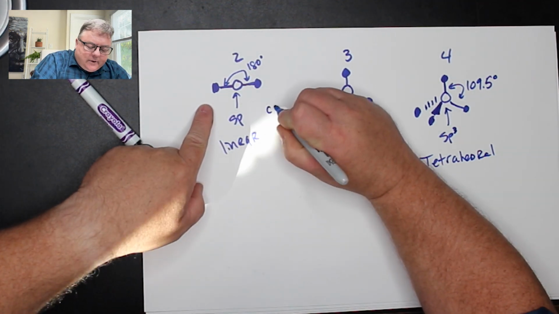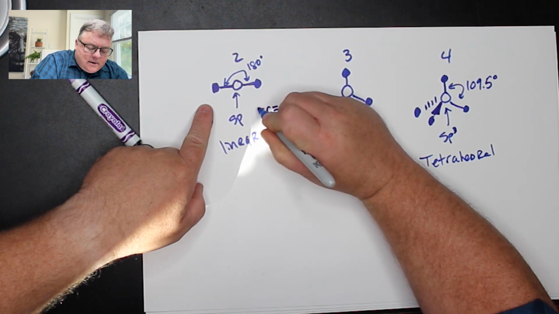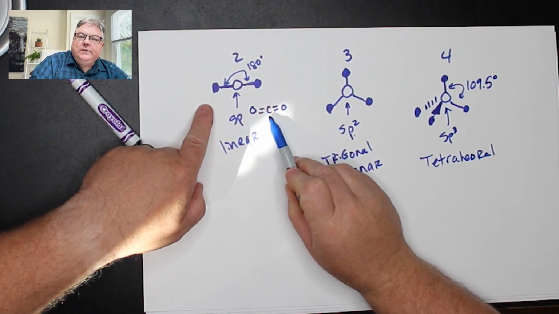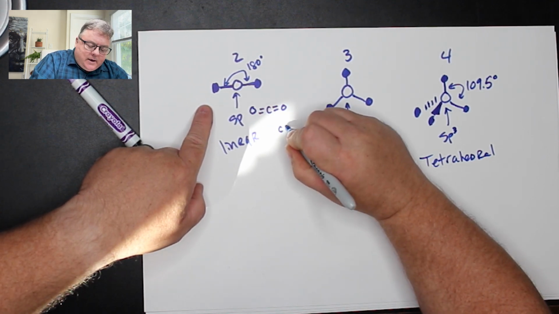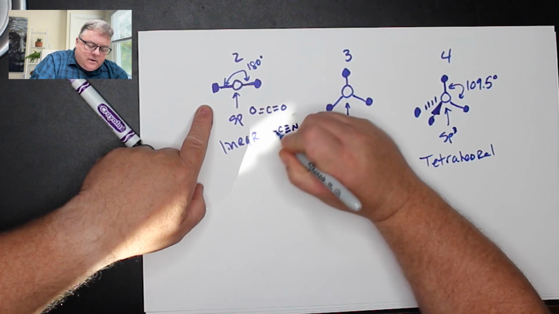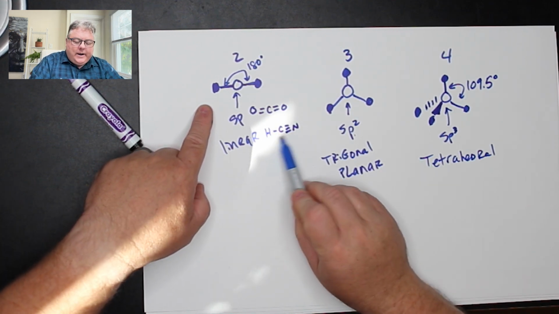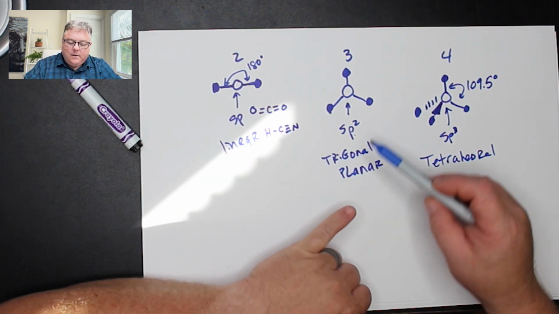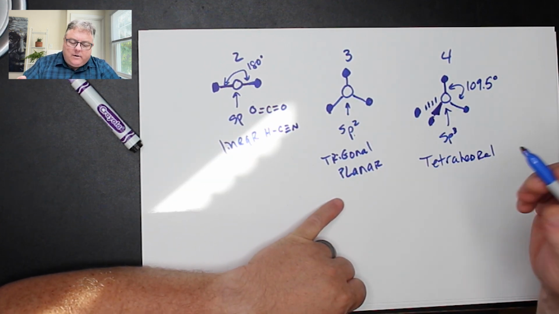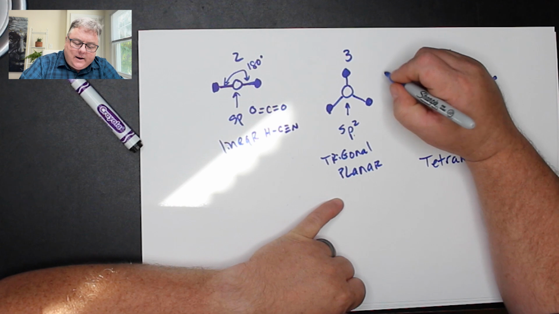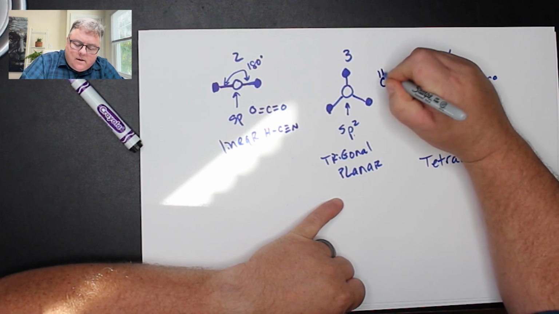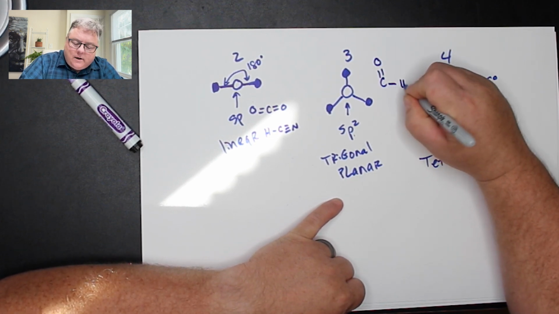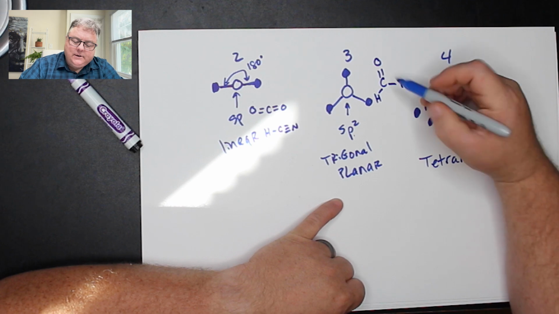This might be something like carbon dioxide, which would be linear, two oxygens on a carbon. Maybe a triple bond on my carbon, 180 degrees away from each other. This carbon would be linear. Trigonal planar might be something in organic chemistry like a carbon with an oxygen on it, maybe a hydrogen, maybe a hydrogen.